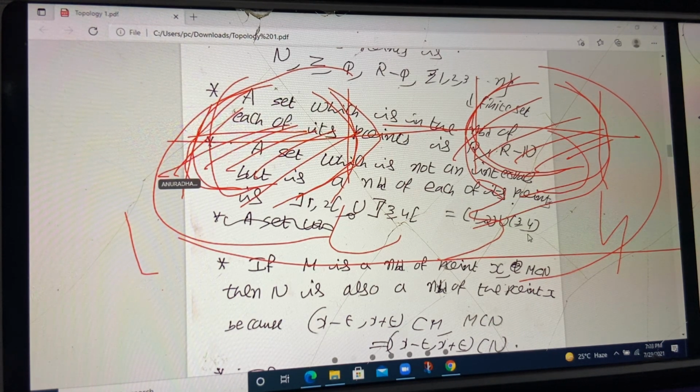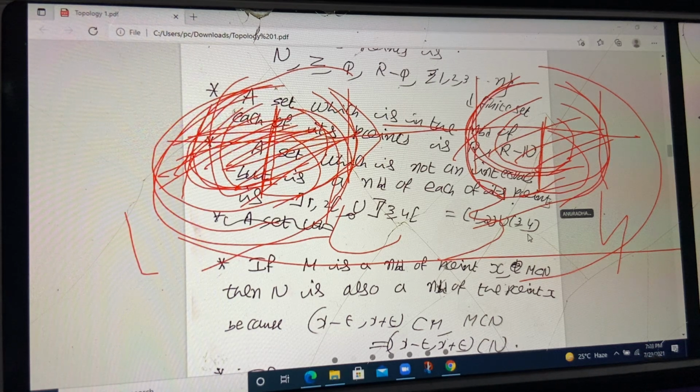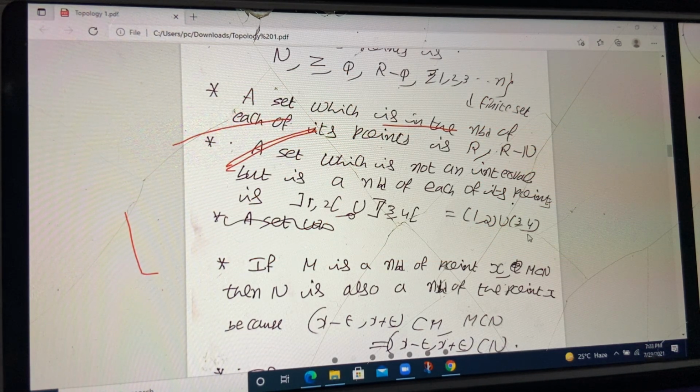You know that every point inside this is an interior point, because if you take a neighborhood, it will be inside this. P minus epsilon, P plus epsilon will be inside this. Take any point P here, then P minus epsilon, P plus epsilon will be inside this. Therefore, every point of this is an interior point, and every point in the other part is also an interior point.